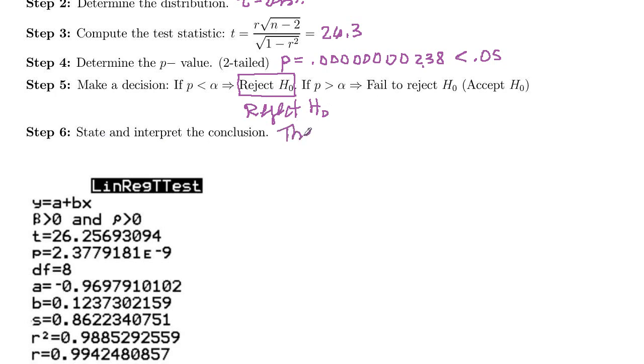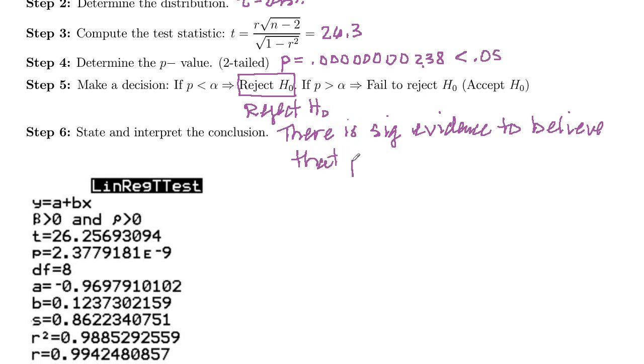So we would say that there is significant evidence to believe that rho is greater than 0, which means that there is a linear relationship. So there is significant evidence to believe there's a linear relationship.